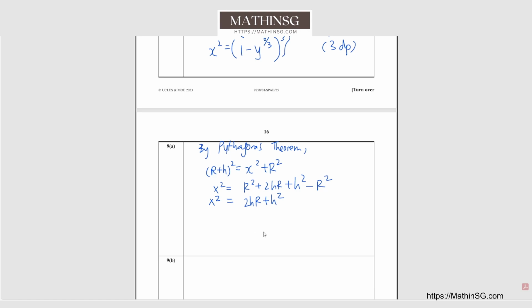But finally, I need to show that x equals (2hr) to the power of half, times (1 plus h over 2r) to the power of half, right? So how do I do that? Basically, they are going to take out 2hr. So I'm going to take out 2hr. When I factorize out 2hr, here will be left with 1, then here will be h over 2hr.